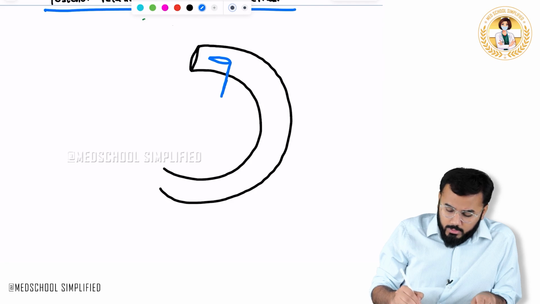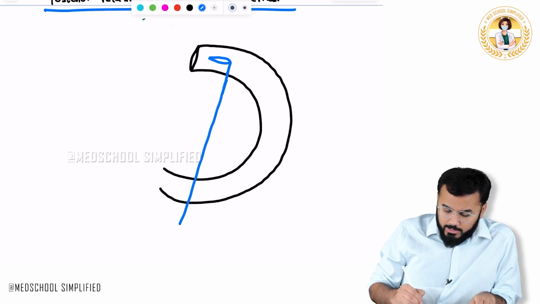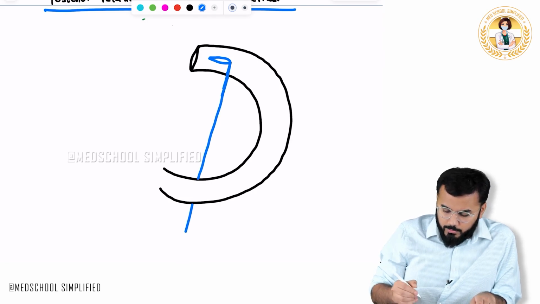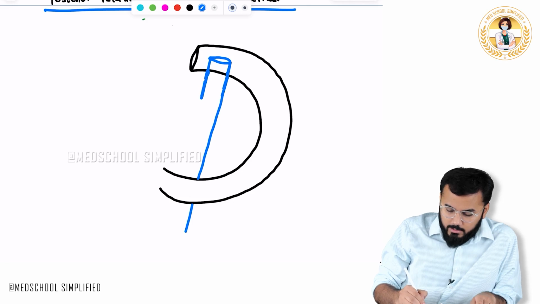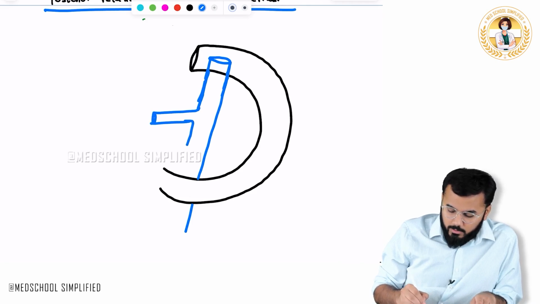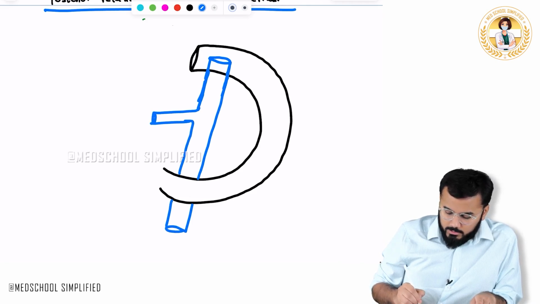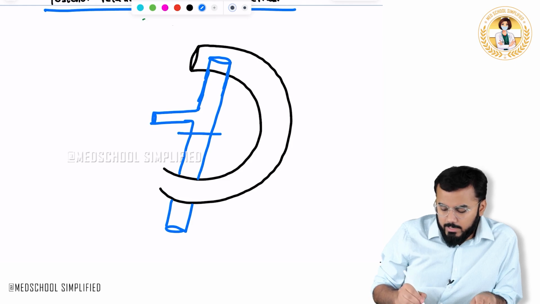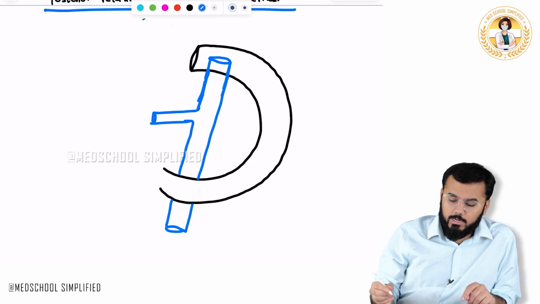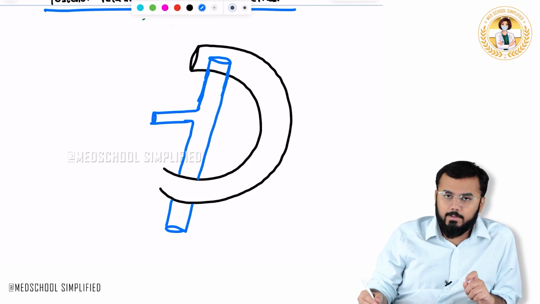And you also know that this portal vein down here continues as the superior mesenteric vein. But down in the center here, this portal vein will give out one vein and this is called your splenic vein, and it passes down like this. So the upper half, let us say till here, is called the portal vein, and the portal vein down it is continuing as your superior mesenteric vein.